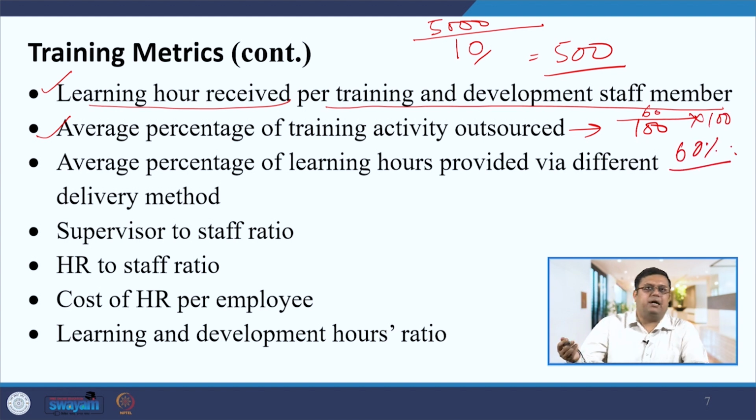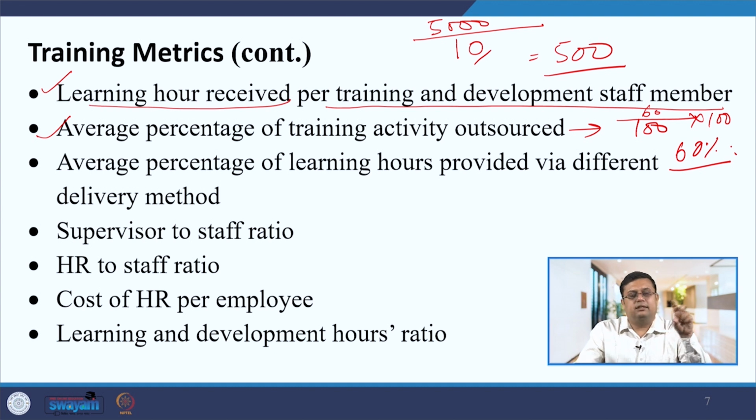Now, being a manager, what could be your goal? Your goal should be to reduce the outsourced activity, right? By reducing outsourced activity, you can reduce the expenditure on outsourced activity also. Such metrics can be used for goal setting also.